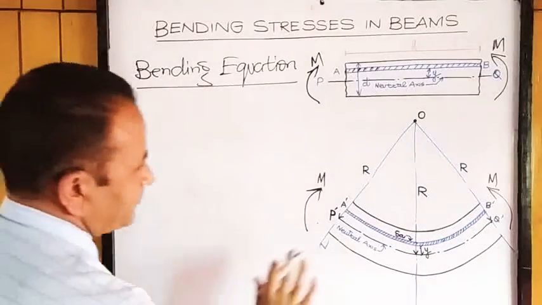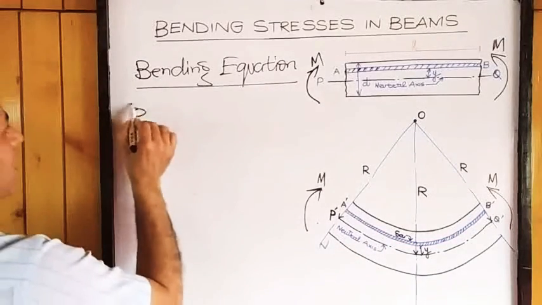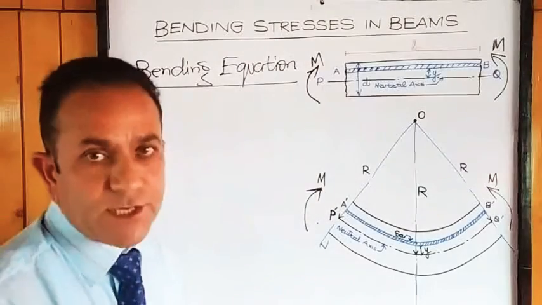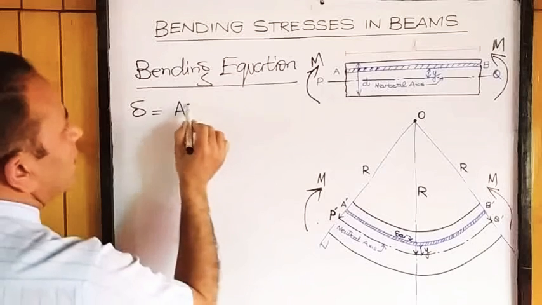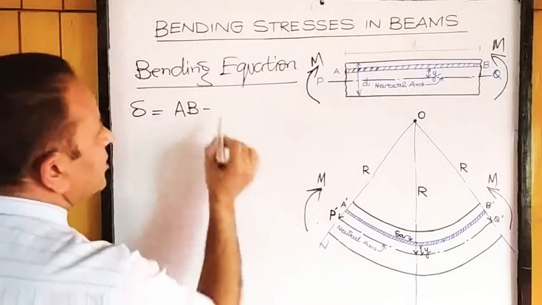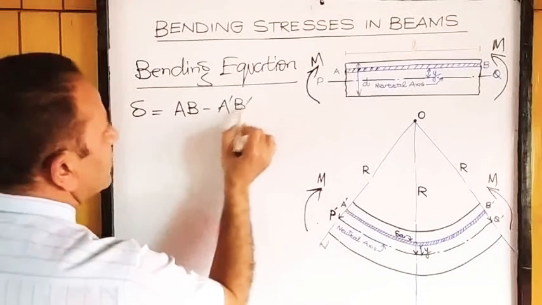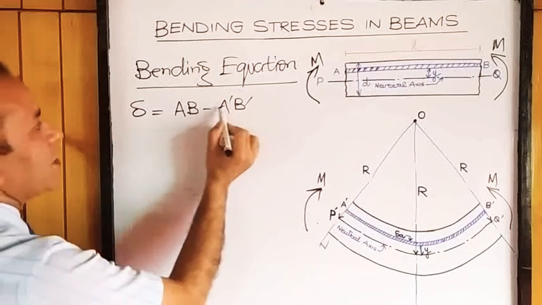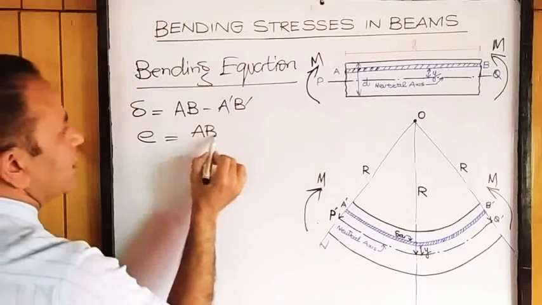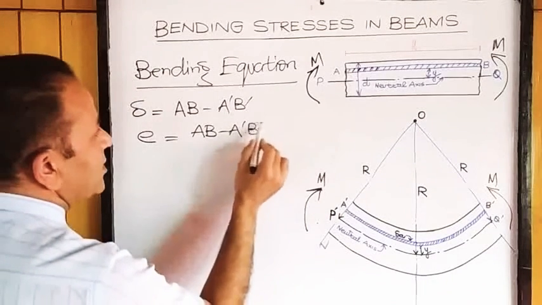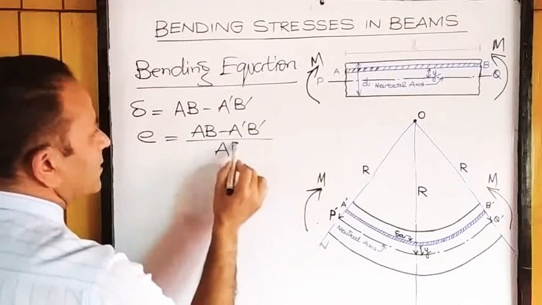Then we have the change in the length. Because of this bending, there is a certain change in the strip under analysis. Change in the length is the original length AB minus the changed length A dash B dash. And strain is the change in length, AB minus A dash B dash, divided by the original length.